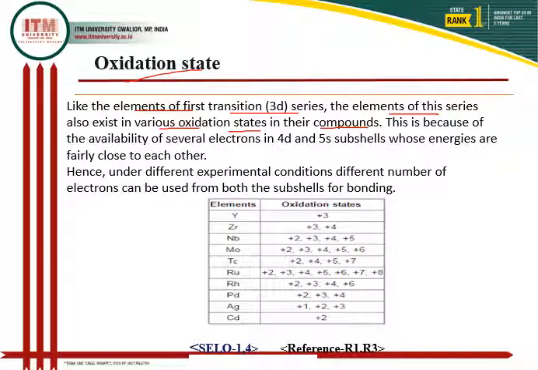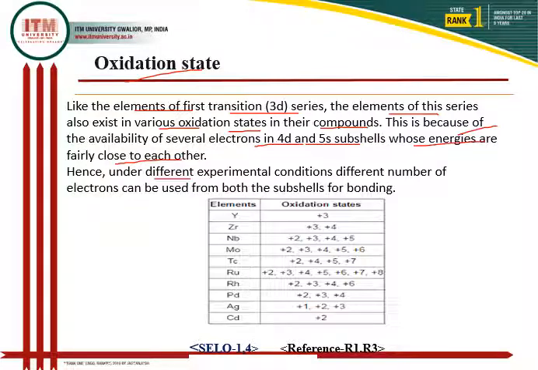So they exhibit variable oxidation states. This is because of the availability of several electrons in the 4d and 5s subshells, whose energies are fairly close to one another, so they possess variable oxidation states and exist in different types of compounds.